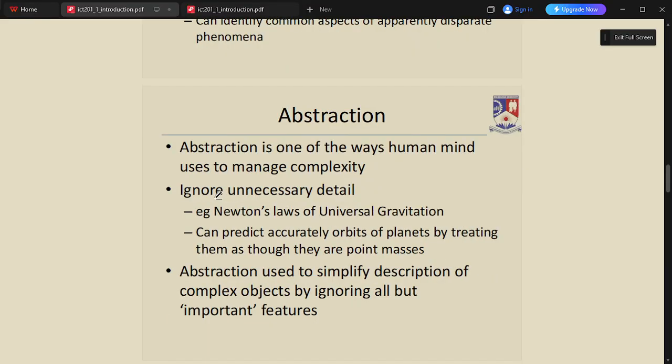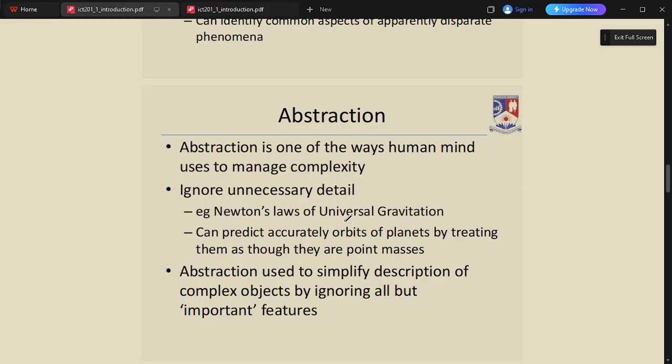We've been given an example here, Newton's law of universal gravitation in physics. This law can predict planetary motion by treating planets as point masses, ignoring their size, their shape, or the atmosphere.